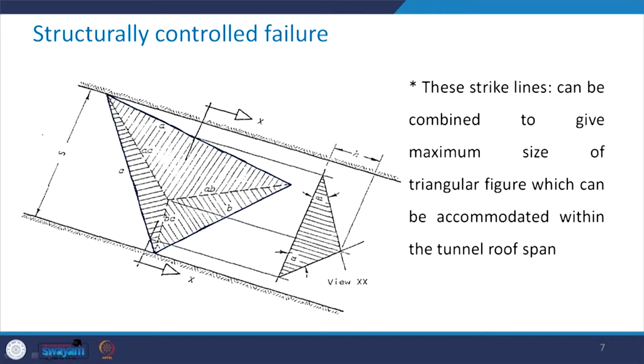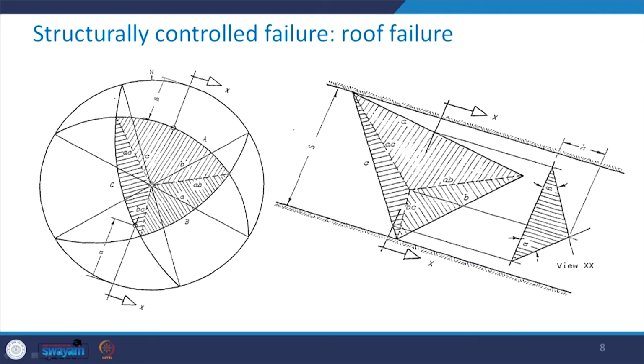Now, this triangle represents the maximum size of the triangular figure that can be accommodated within the tunnel roof span, because you see that here this is one boundary of the tunnel roof in plan and this is another one. So, this is the maximum size of the triangle that can be accommodated in between these two.